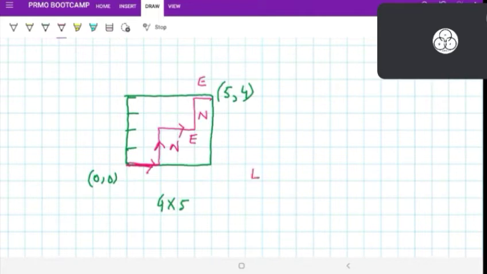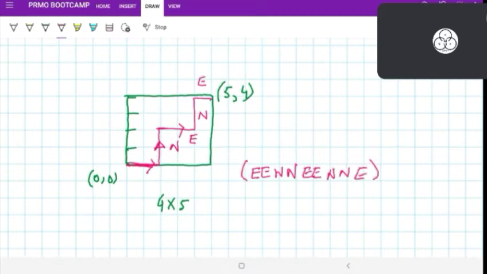East, east. Now 2 units north, then again 2 units east, 2 units north, and last 1 unit east. So this is the path.